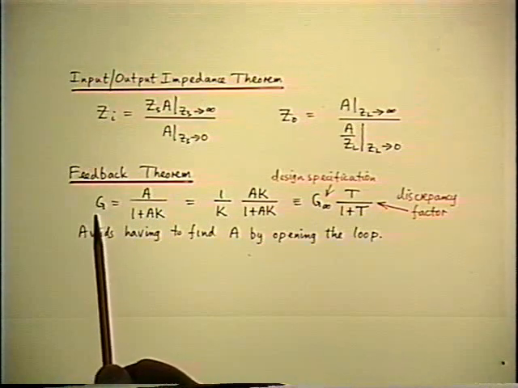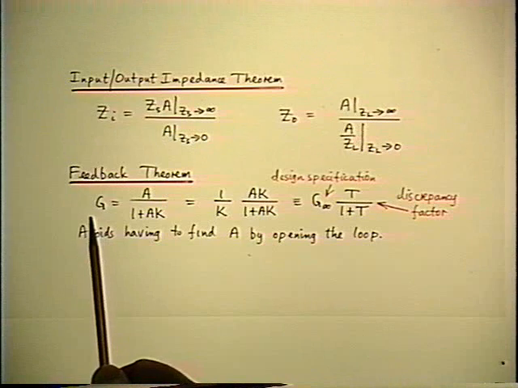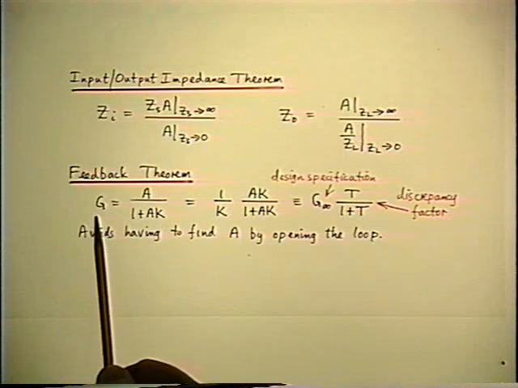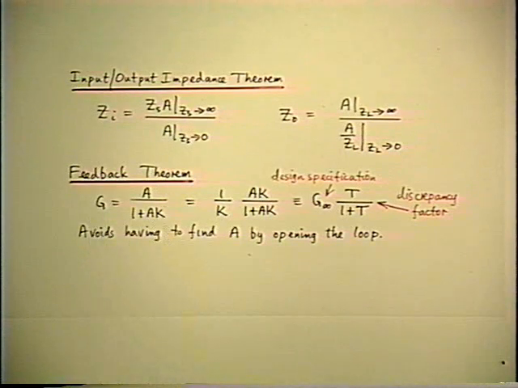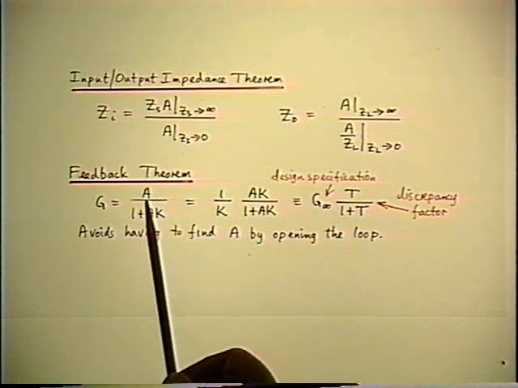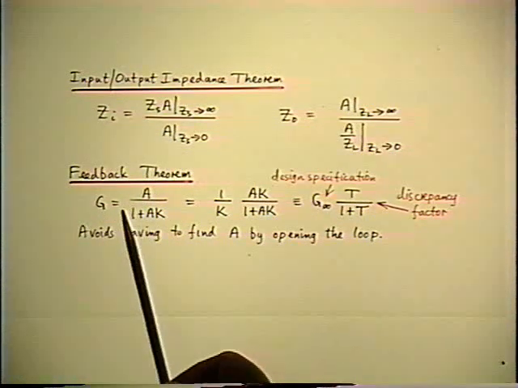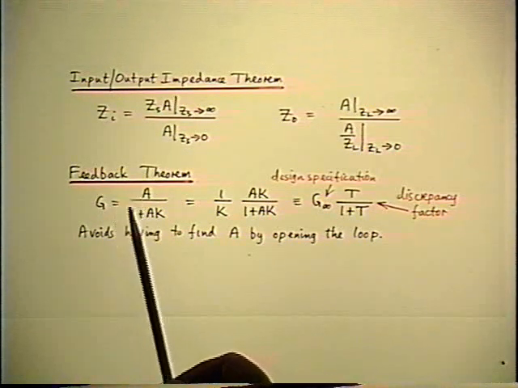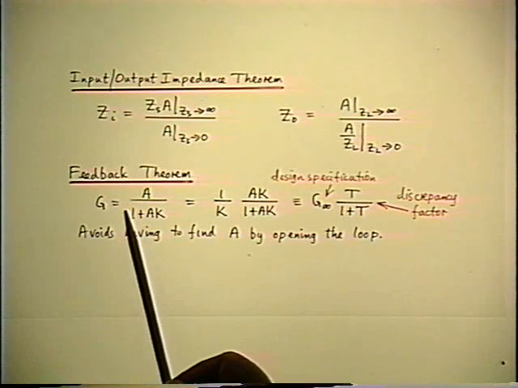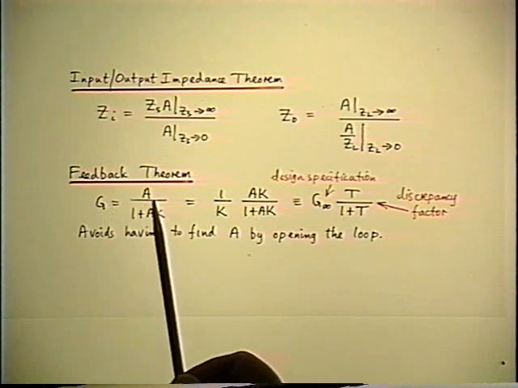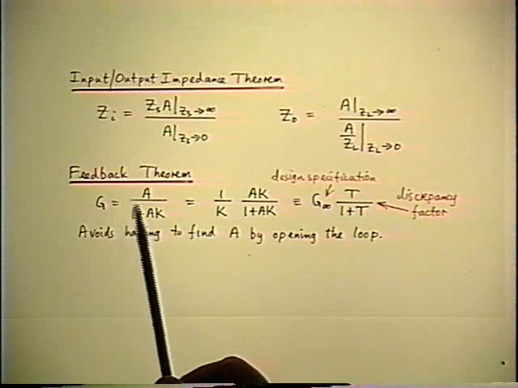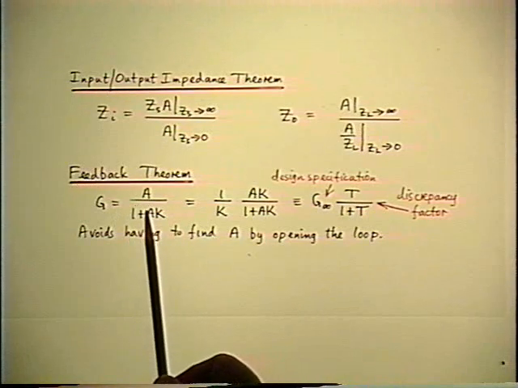That's what has to meet specifications. The customer for your design cares about G. He doesn't care about A. That's part of your job to design the A. But when you finish, no one else cares about it. That's got to be buried. Well, if it's not an important quantity in the answer, why don't we rearrange this expression to get rid of it?